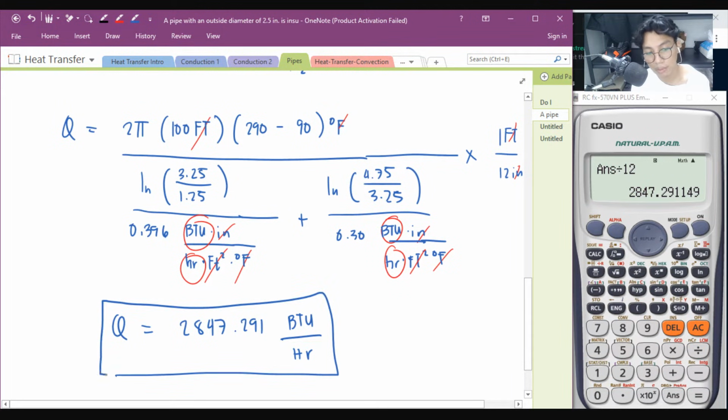Very basic. Okay? That is for problem number 1. Ganun lang po kadali yun. Mamaya turo ko sa inyo conversion factor nitong unit na to, para maging watt per meter degree Kelvin.